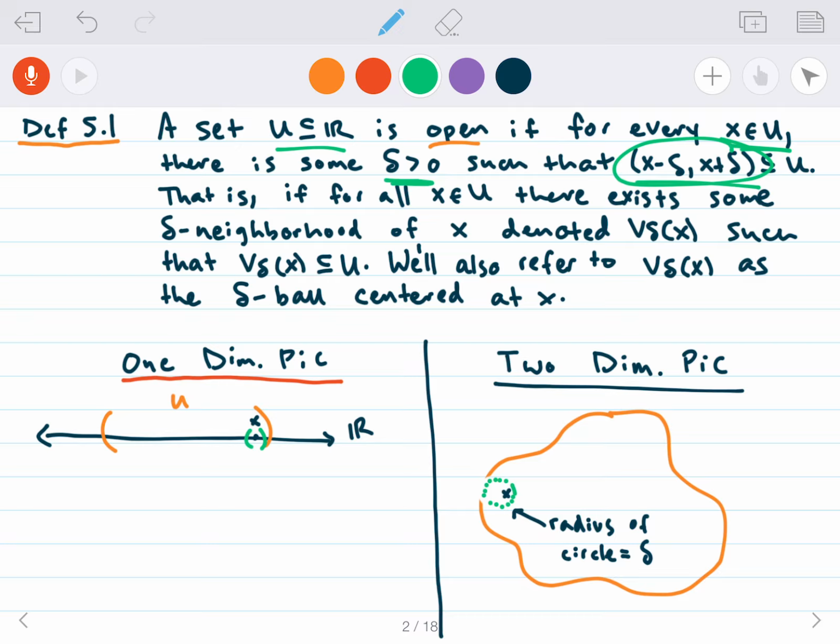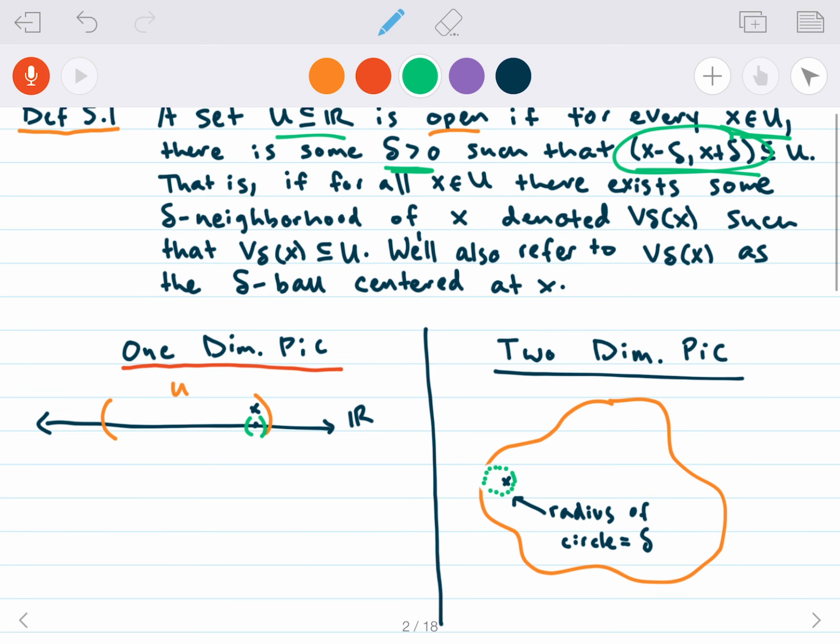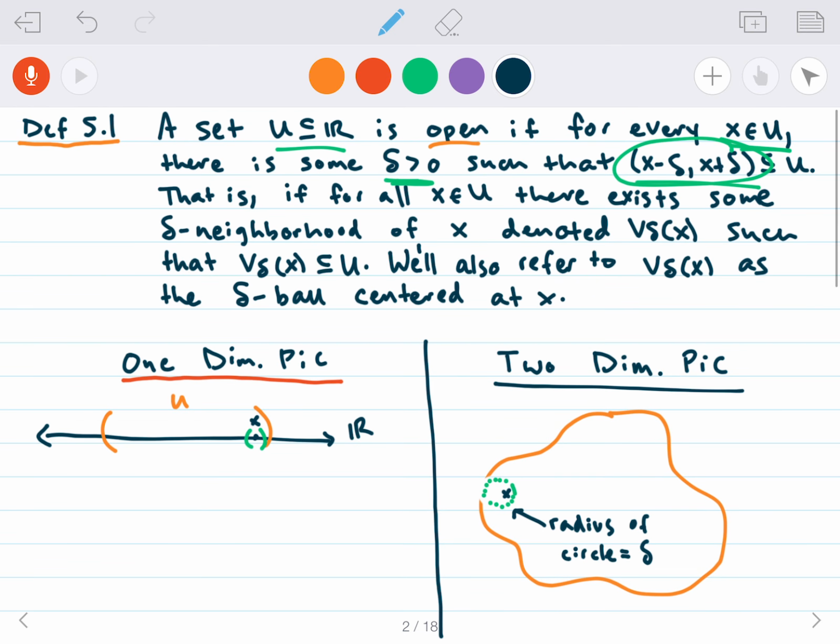And it makes sense because if we have some positive delta, and here's x right here, well, our neighborhood is going to be centered at x, and this left endpoint is going to be x minus delta, and this right endpoint is going to be x plus delta.